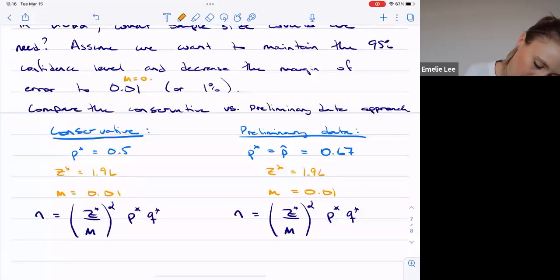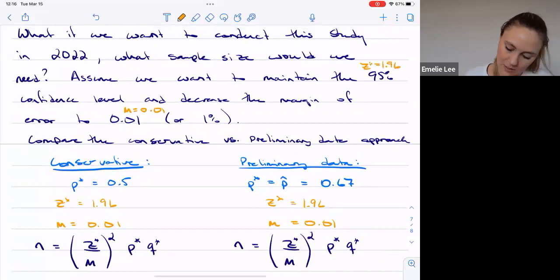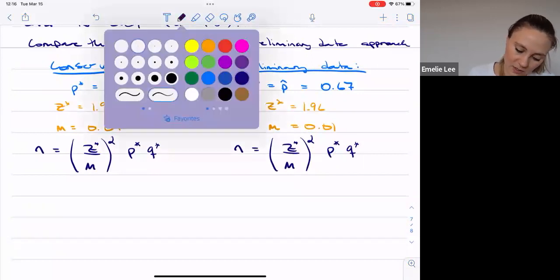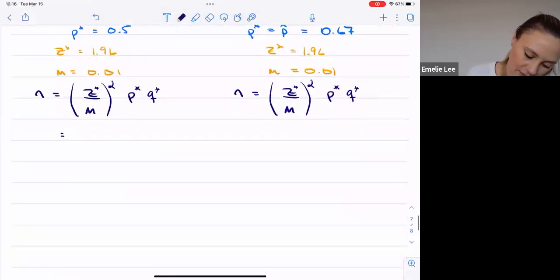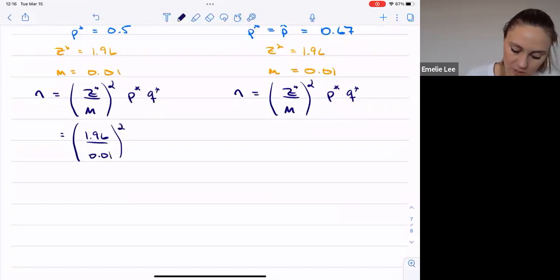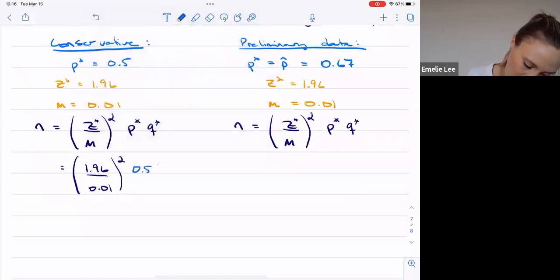So in both of these cases, when I do my calculation, I have 1.96 over 0.01 squared times, in this case, 0.5 times 0.5.